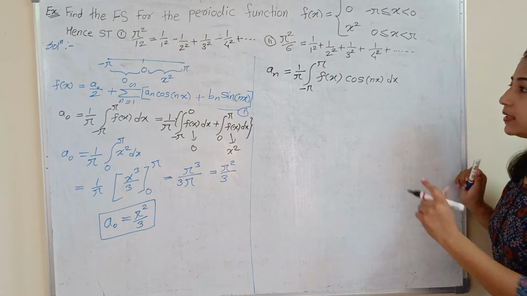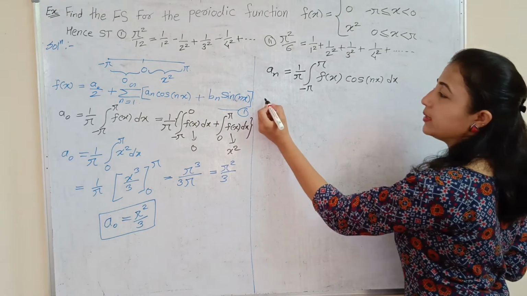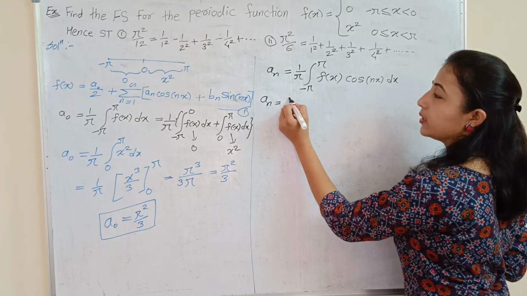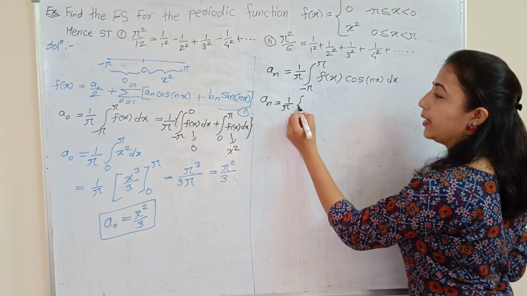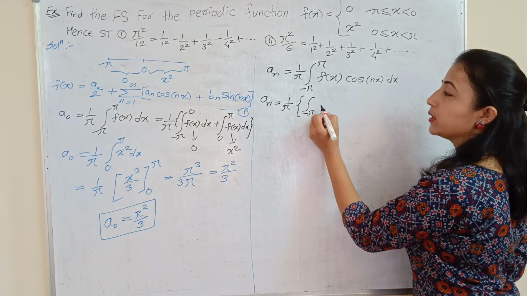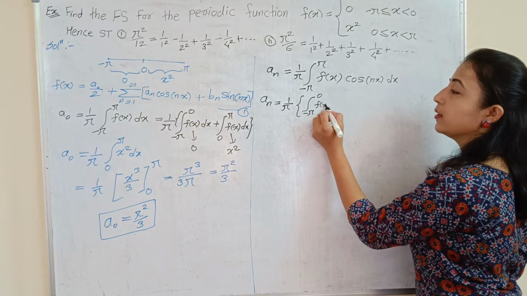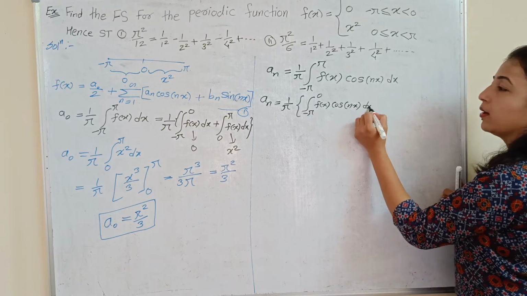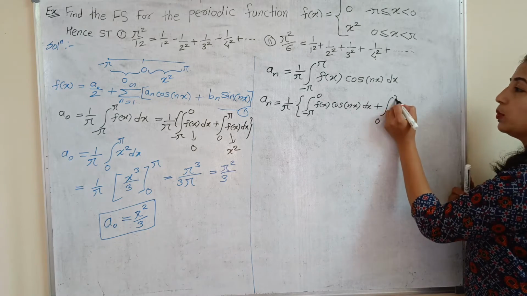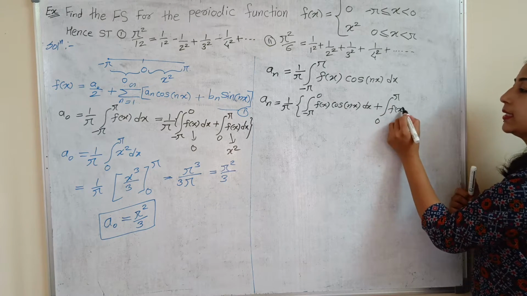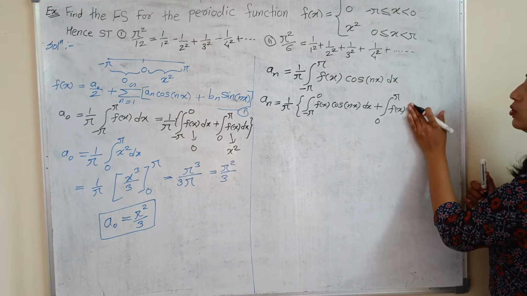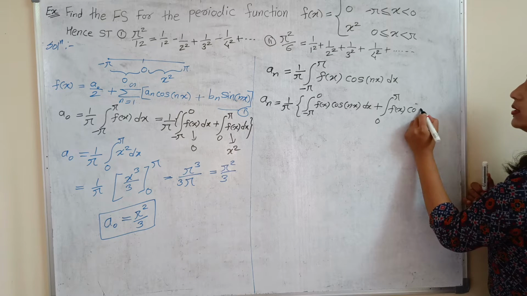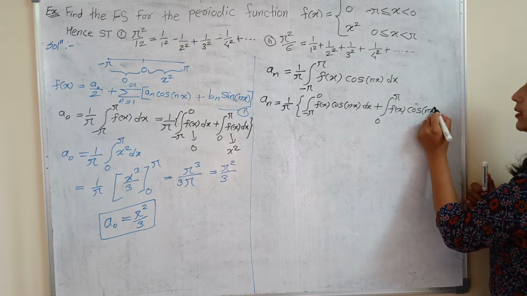Again here break this interval into two parts. So an is 1 upon pi constant outside. You can take minus pi to 0 f of x cos nx dx plus 0 to pi f of x cos nx dx.